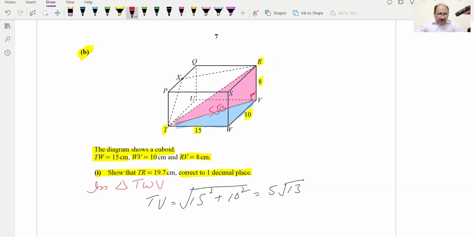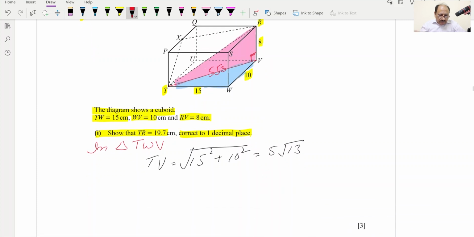Now after finding TV value, now we can find TR, because in triangle RTV, now we can apply again Pythagoras theorem to find TR.